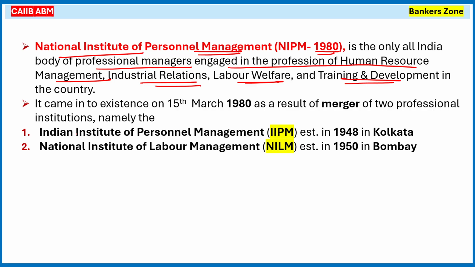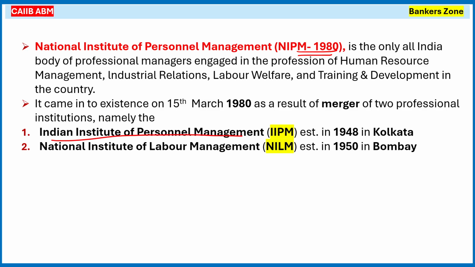Okay, it came into the existence on 15th of March 1980 as a result of merger of two professional bodies. So see, NIPM in 1980 started by merging two organizations. First is the Indian Institute of Personnel Management (IIPM), which was established in 1948 in Kolkata. Then the National Institute of Labor Management (NILM), which was established in 1950 in Bombay.